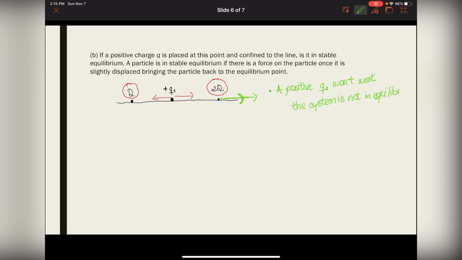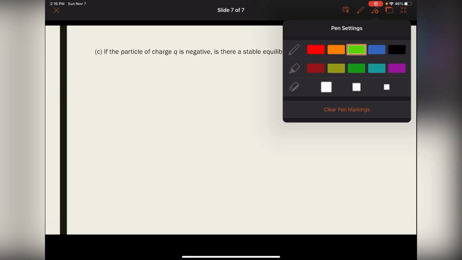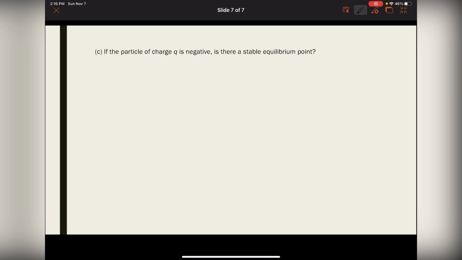If I forgot, the system is in equilibrium when the electric field equals 0, and for the electric field to equal 0, the forces must cancel out. So in here, the forces don't cancel out. So now let's see the case of a negative charge Q prime.